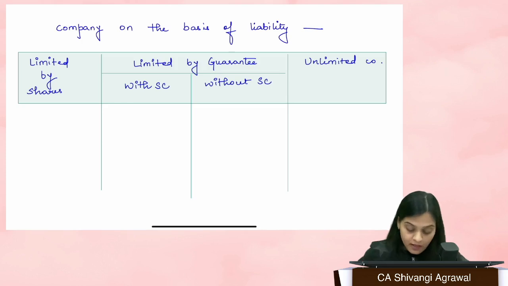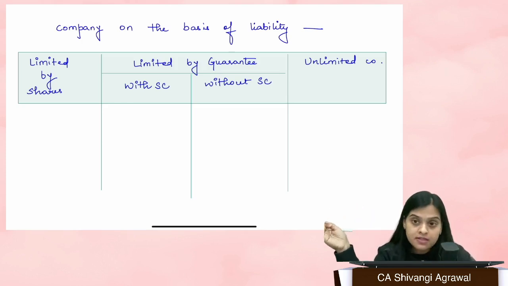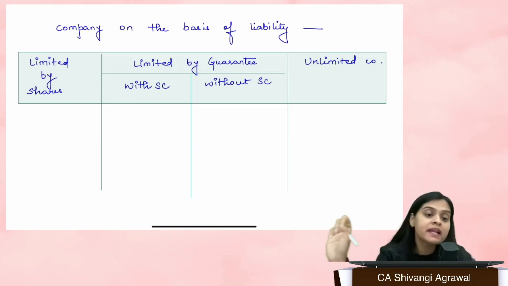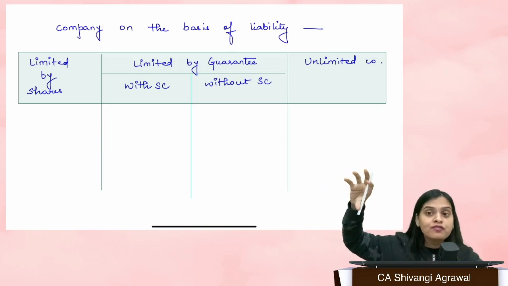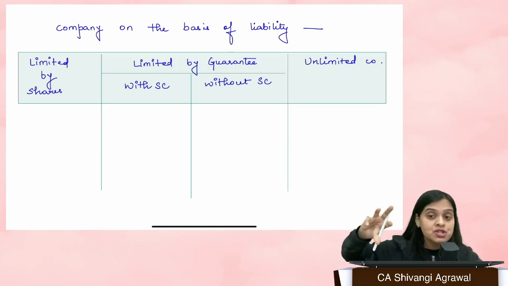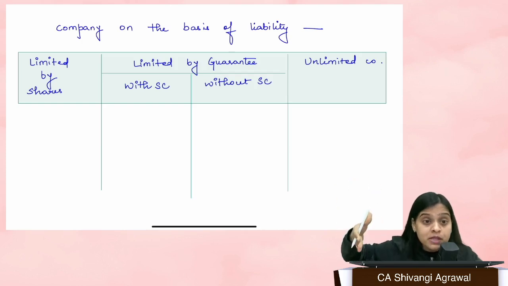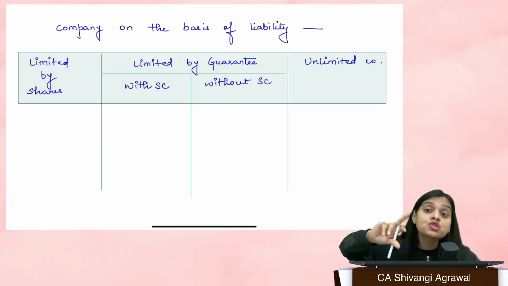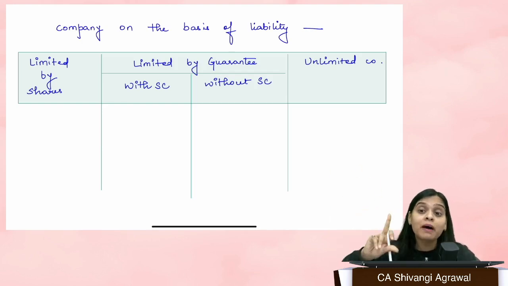Now, when I say it is a company limited by shares, I have already explained this case. This is a company formed as limited by shares. So the company's liability is going to be unlimited, but the liability of its members is going to be limited to the amount unpaid on shares held by them.